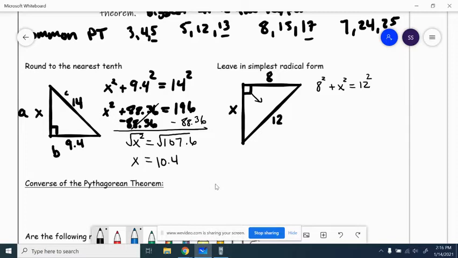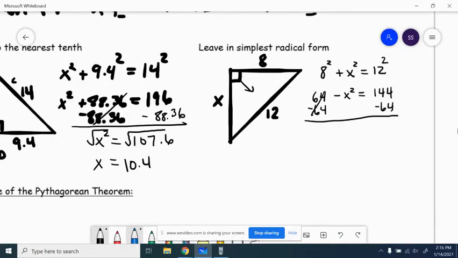Okay, and now we can just square these out. 8 squared is 64, just 8 times 8. 12 squared is 144. And now we want to get the x squared by itself, so I subtract 64 on both sides. And I'm left with 80 on the right side.